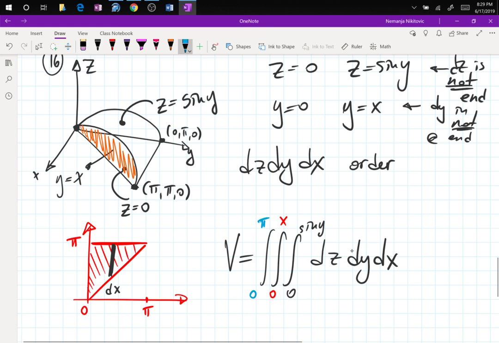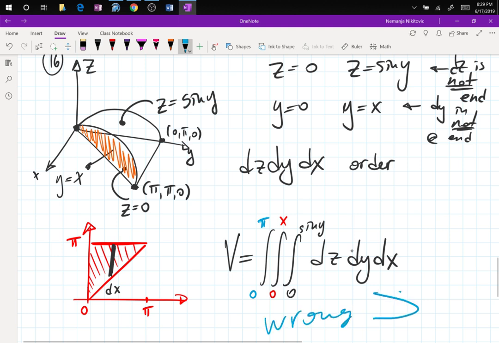Oh, no, this is terrible. Okay, I have a mistake here. Who can tell me what my mistake is? I made a mistake. This is why it is so important to draw the domain every time. What is wrong with my setup? This is wrong.